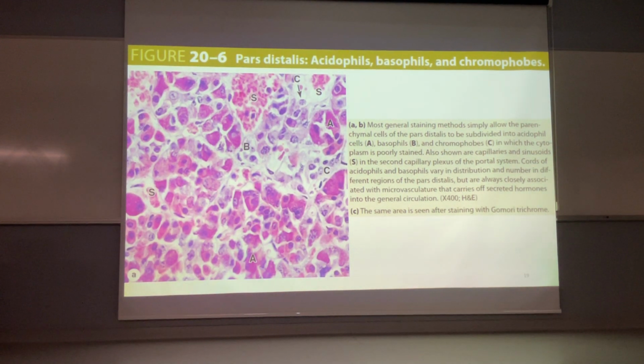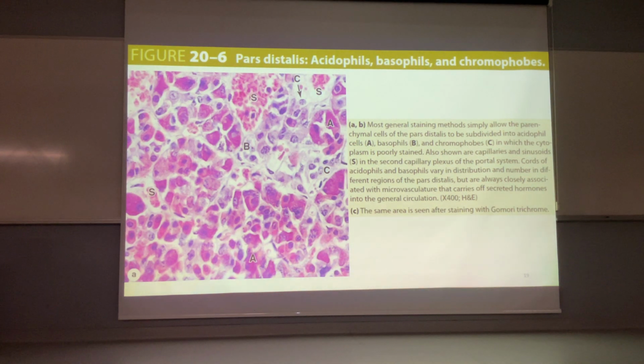Now, let me look at the other part. For example, here, this cell. Look at the cytoplasm. The cytoplasm is stained in purple, or basophilic. This cell is our basophilic cell, or this cell again is our basophilic cell. But look at this cell. Here is our nucleus and this is the cytoplasm.